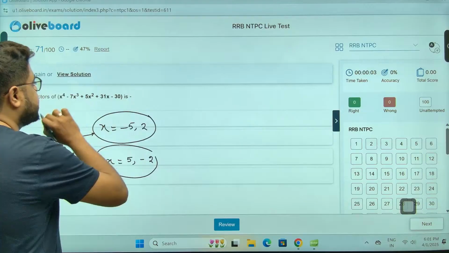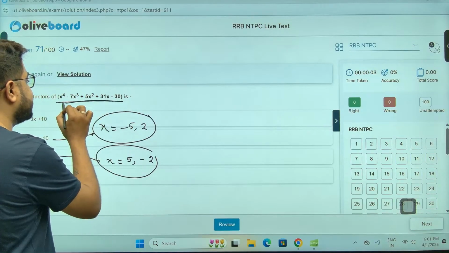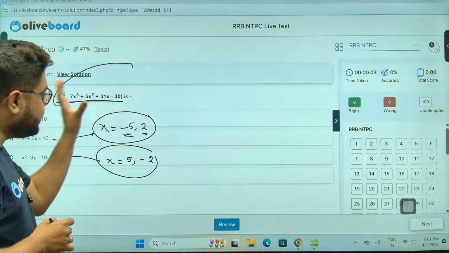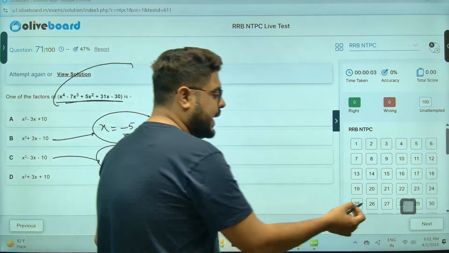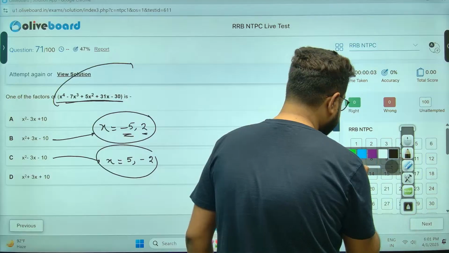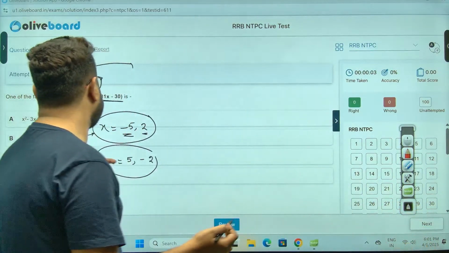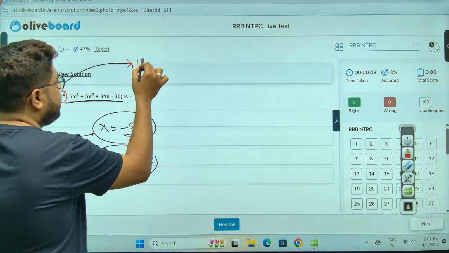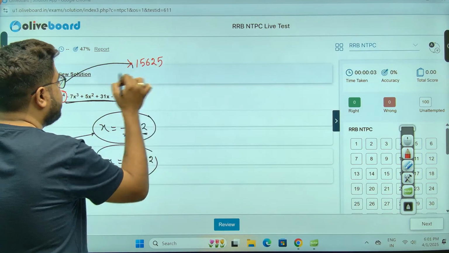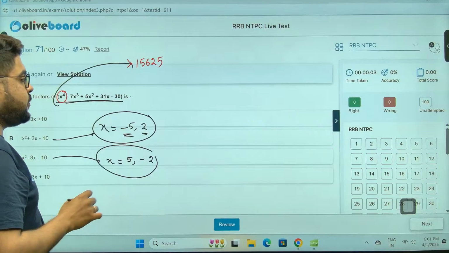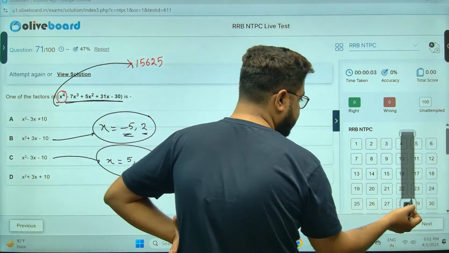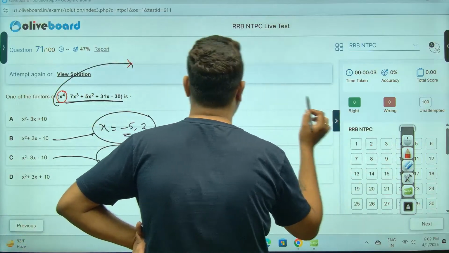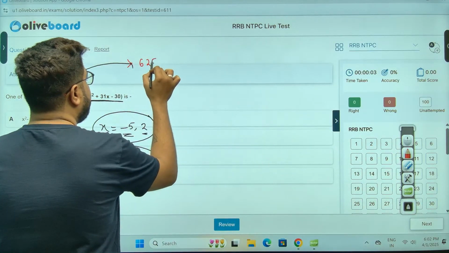Let's check with the options. If I put x equal to these values, the expression should be 0. Let's see. Minus 5 to the power 4. 5 to the power 4 is 25 squared, 625.